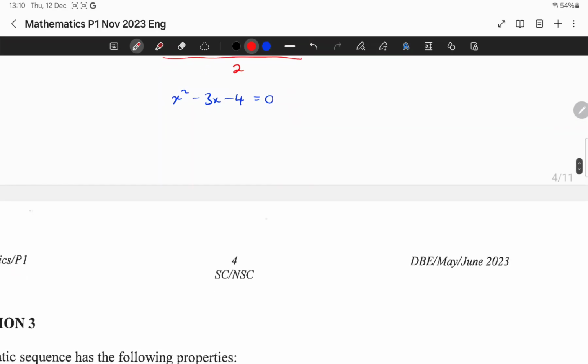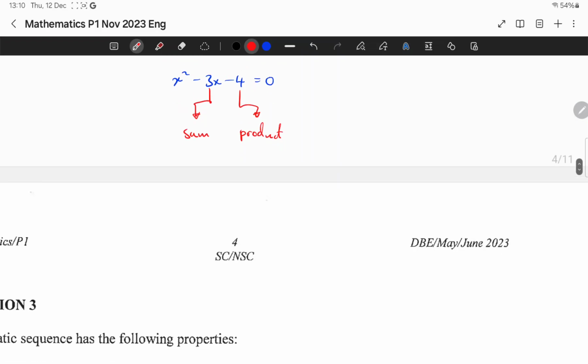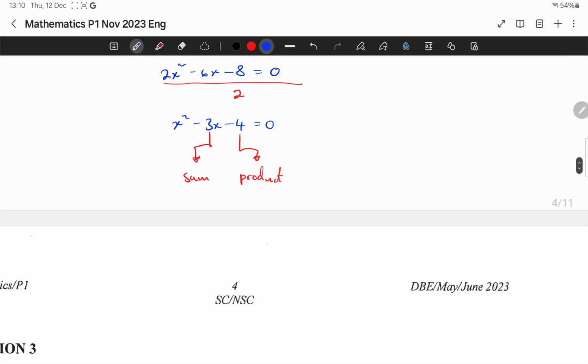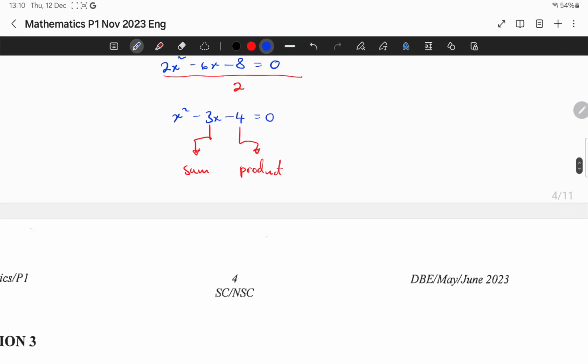And again, you use sum and product. Always say it in that order so that you remember from left to right, sum, product. In this case, it's pretty easy to see that our two factors are negative 4 and 1, because negative 4 plus 1 is minus 3, and negative 4 times 1 is minus 4.